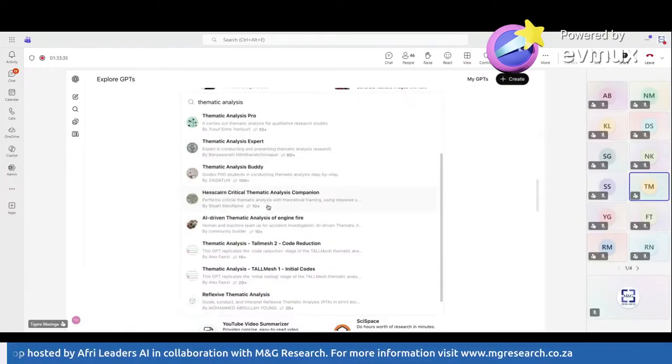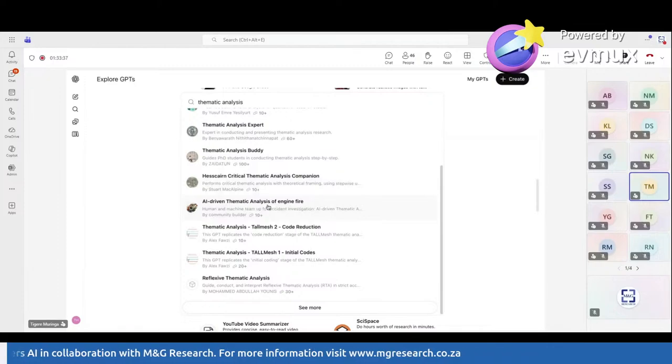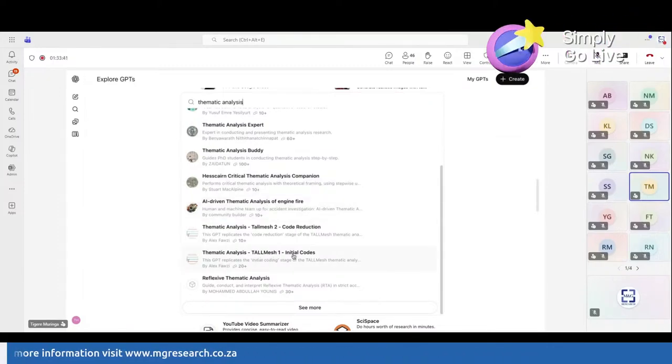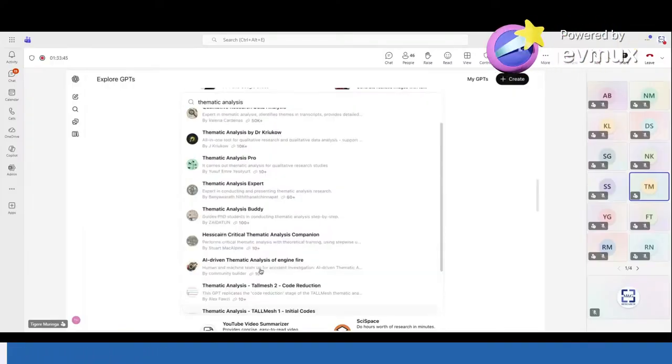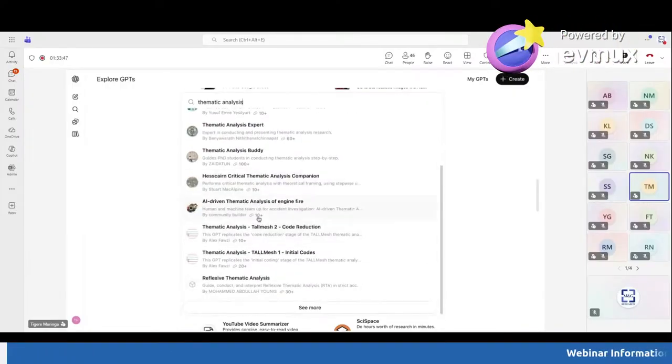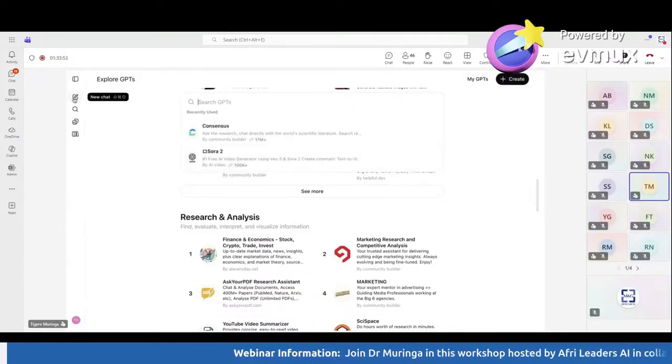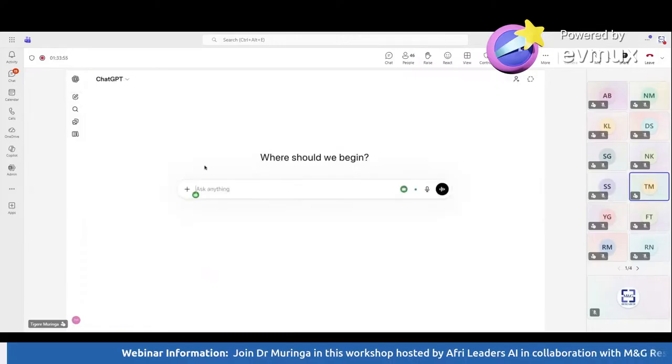So we have different types of thematic analysis approaches, including thematic analysis to mesh initial codes. You can choose to use any of these to do your thematic analysis. But I'm not going to use any of these. I'm just going to use the general platform for doing thematic analysis.